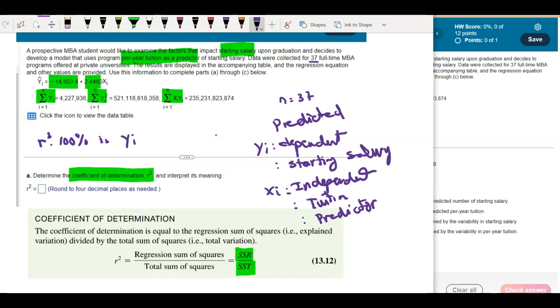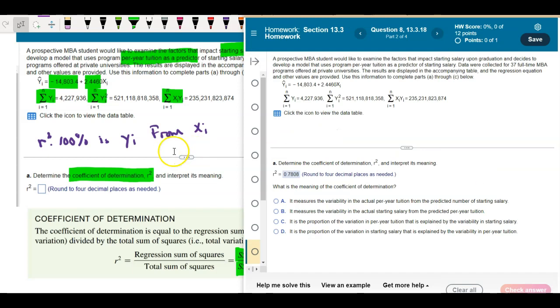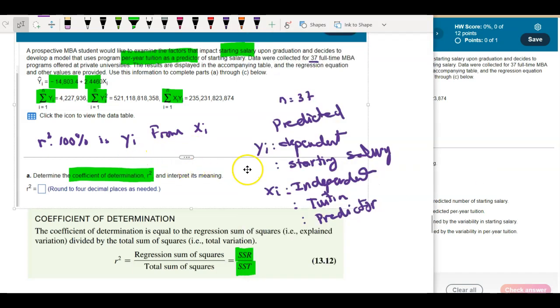So in this case, I think we have 78%. So 78% of the starting salary is predicted by the tuition, all right?